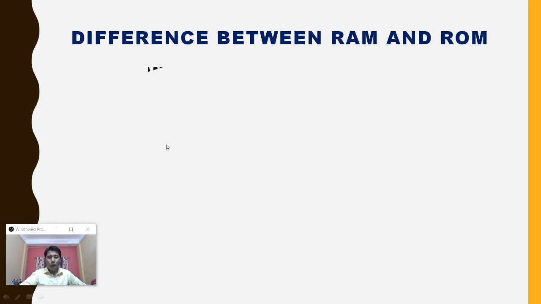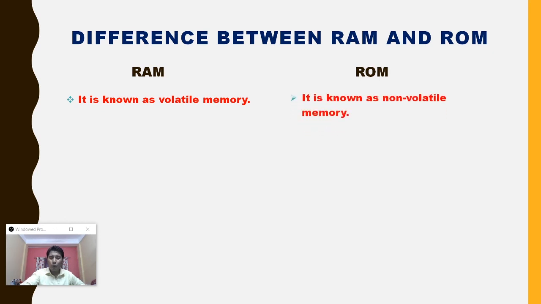Now we have gone through the features of the RAM as well as the features of the ROM. So let us quickly see the difference between the RAM and ROM. RAM is known as a volatile memory, whereas ROM is known as a non-volatile memory. RAM loses its content when the power is turned off. As long as you are working, the data are stored in the random access memory.